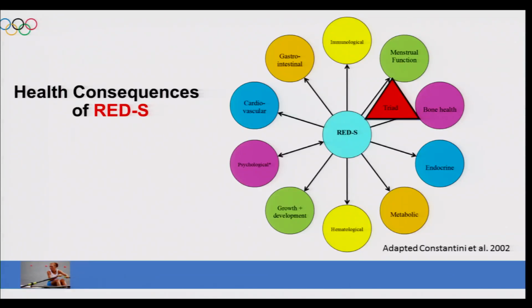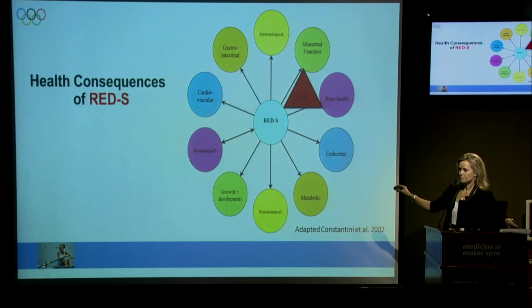So this is the conceptual model based on some original work of Naama Constantini here in the audience. And you can see that the core is the relative energy deficiency in sport. From the core emanate the different body systems that are affected.